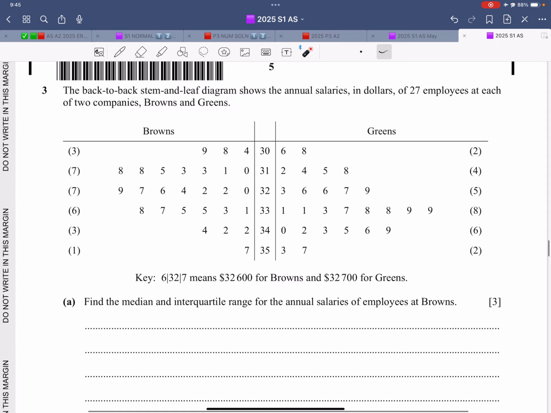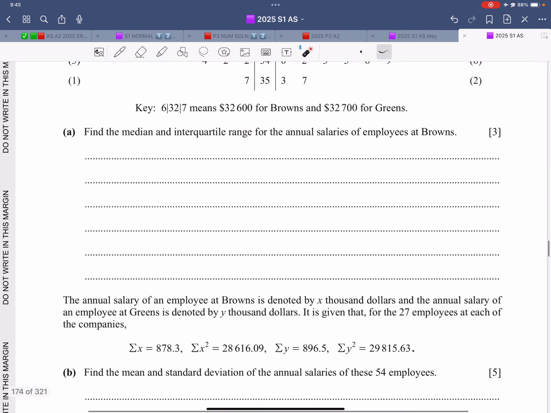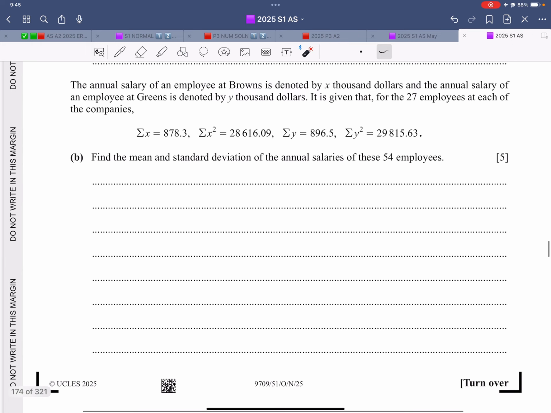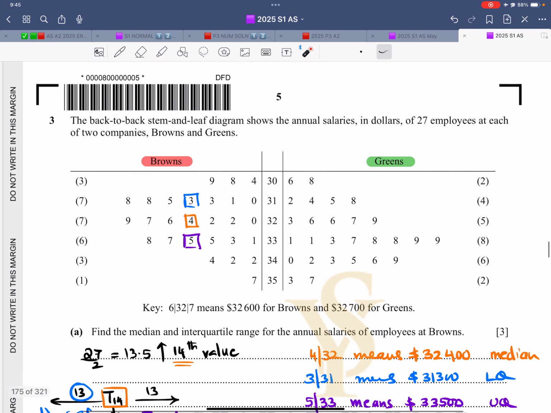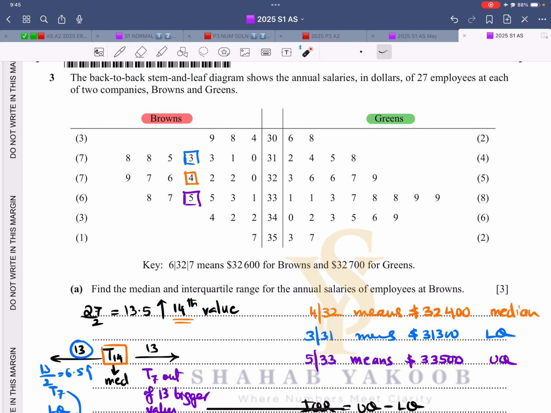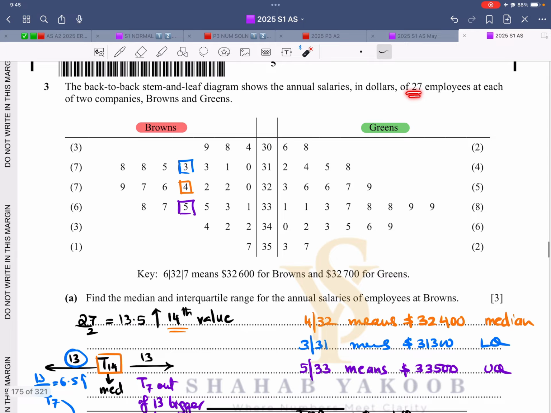This one, as you know, is a back-to-back stem plot: median, quartile, the mean and standard deviation, things like that. So now there are 2 categories. There are 2 companies. This is brown, this is green. There are 27 employees at each. This is about the annual salaries in dollars.